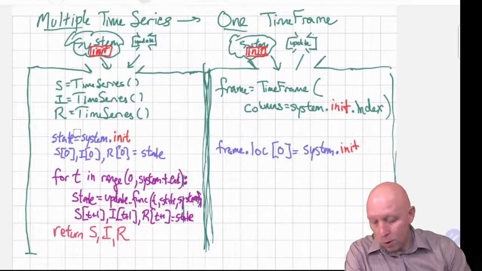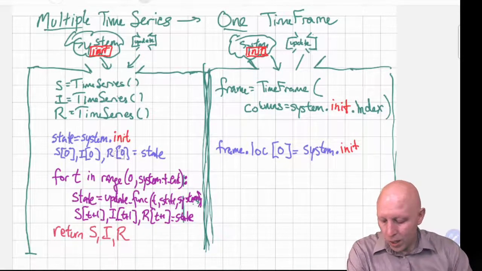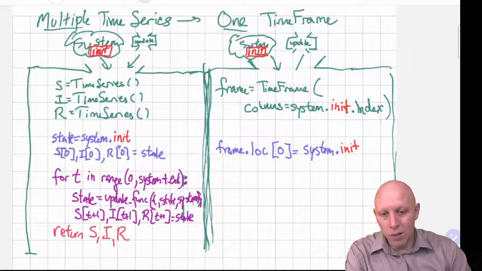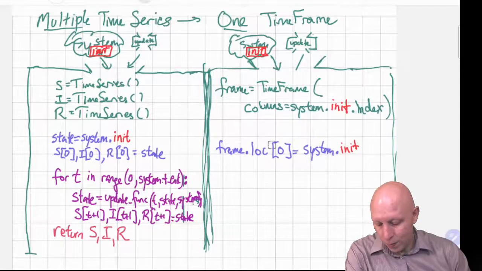Before, what we did to populate our data was we created a local variable called state, and we defined whatever this system object's init was to be state, and then we defined our first element of S, our first element of I, and our first element of R to be the values in state.